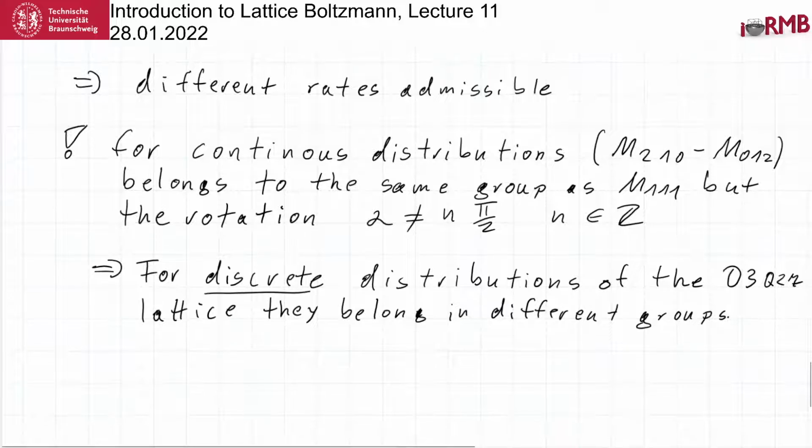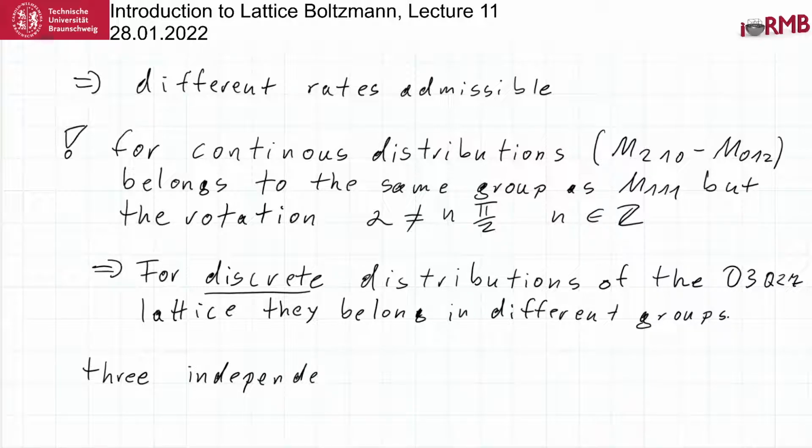This leaves us at having three different, independent relaxation rates. You can also take the same value here, but you're not forced to by isotropy arguments.